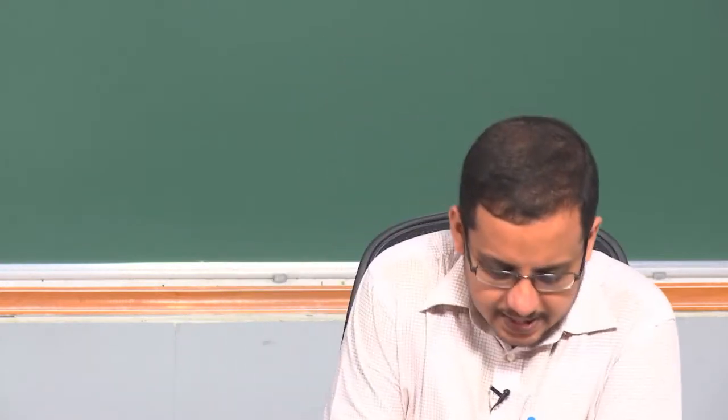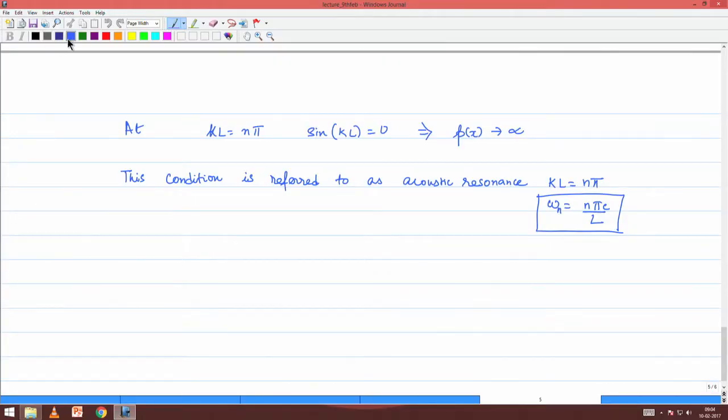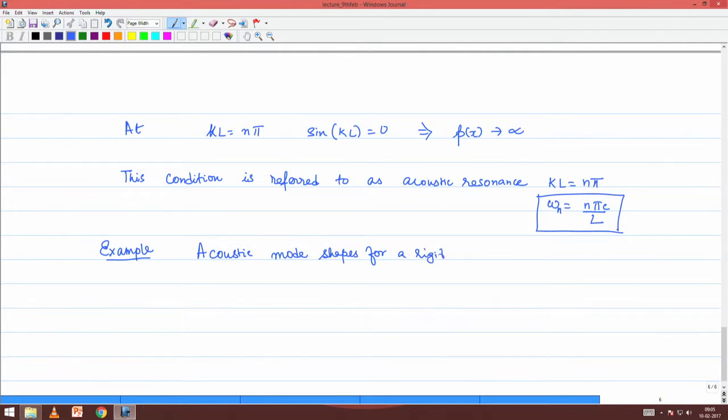So, our example 3 would be the acoustic mode shapes for a rigid walled duct.